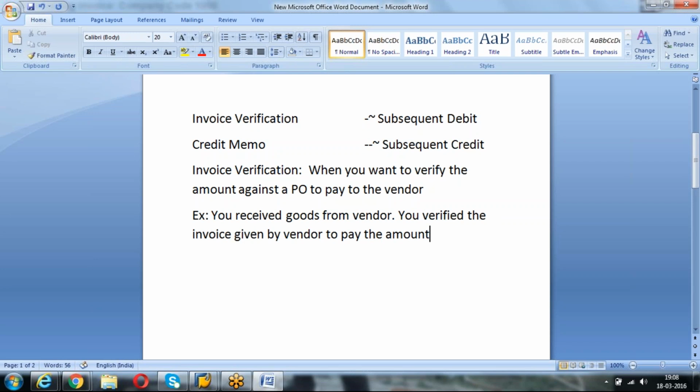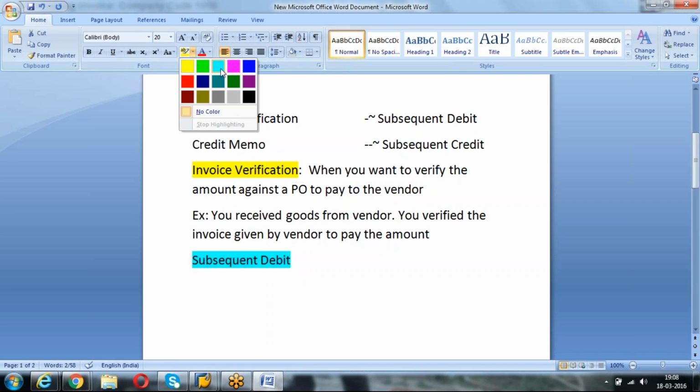That's it. Coming to subsequent debit, both will be in the same way. Subsequent debit, invoice verification, both are in the same path.